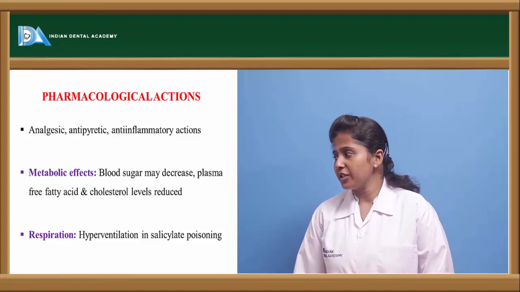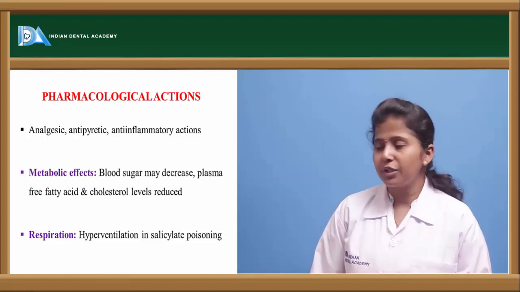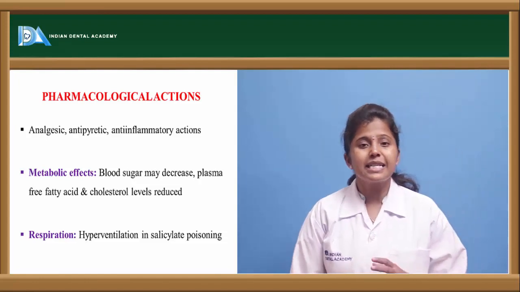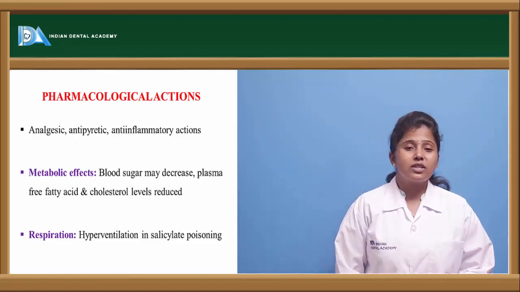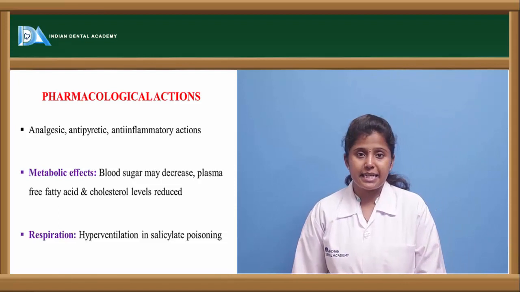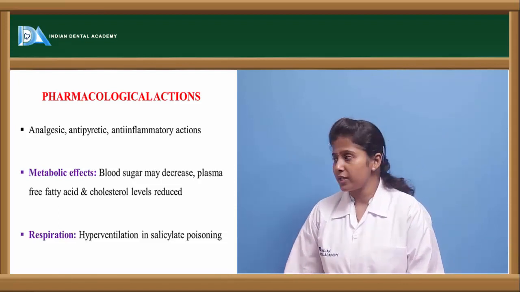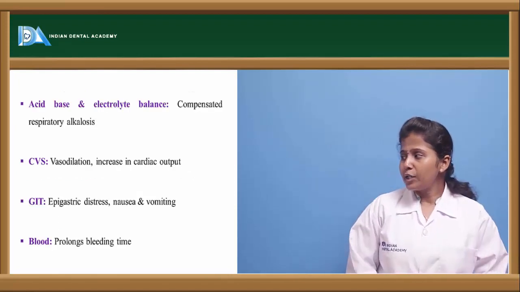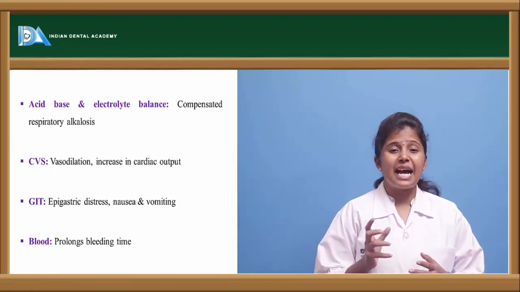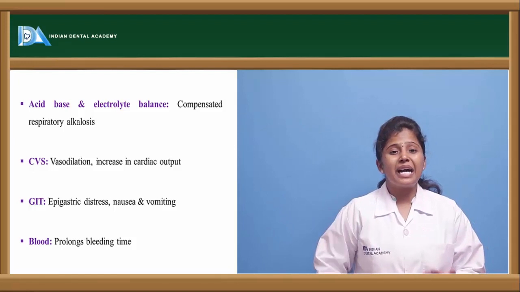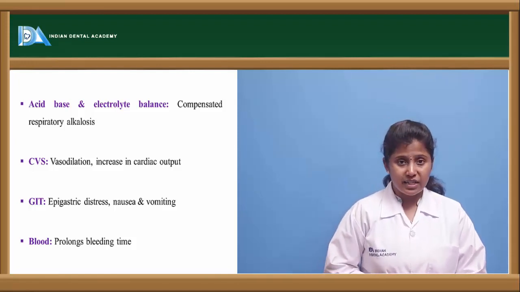On respiration, it shows hyperventilation in salicylate poisoning. In salicylate poisoning, aspirin is mostly recommended, and it causes a hyperventilation situation. Since aspirin is an acid, it balances the alkaline condition of the respiratory system.